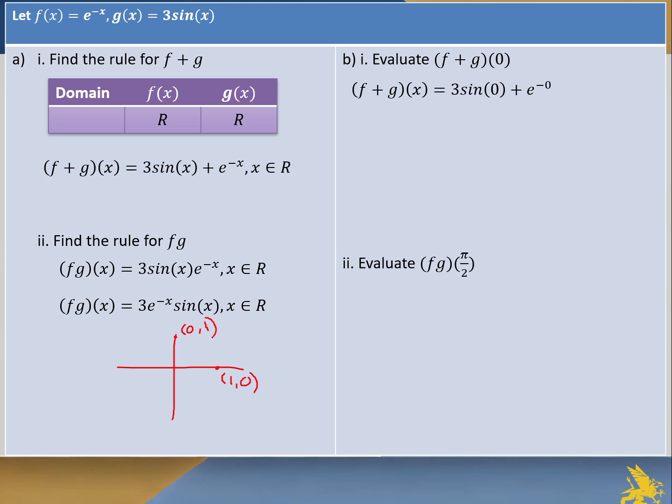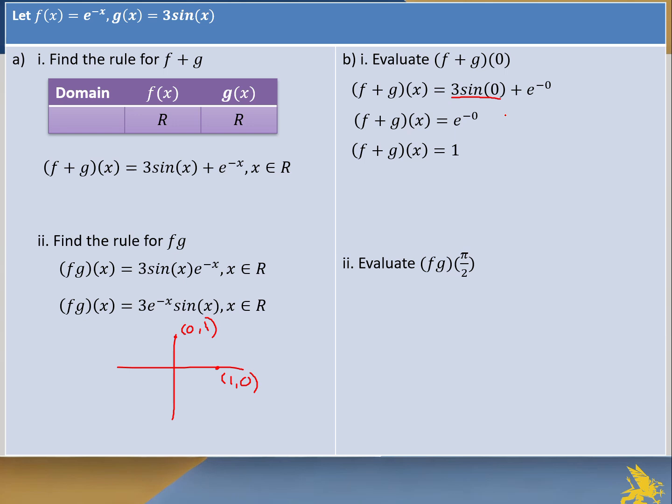So a unit circle helps us to quickly know what sine 0 is. At 0 degrees, sine refers to the y, which is 0. So 0 times 3 is 0, and I'm left with e to the power of negative 0. Anything to the power of 0 is 1, because negative 0 is 0. So the answer is 1.